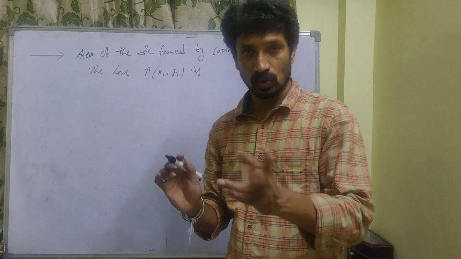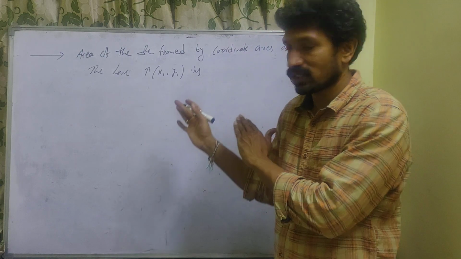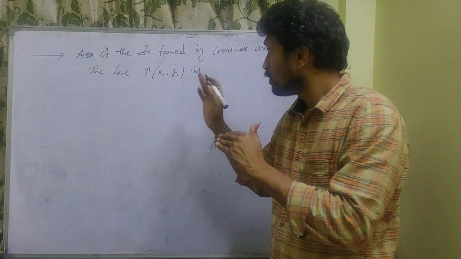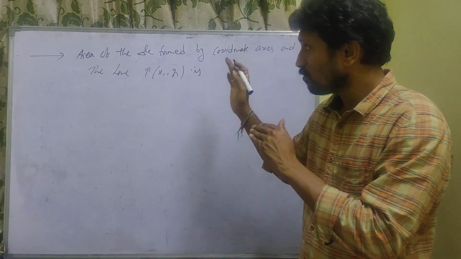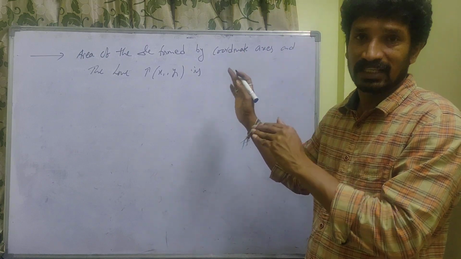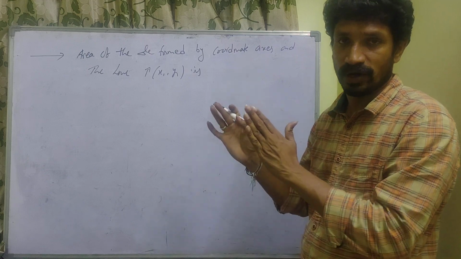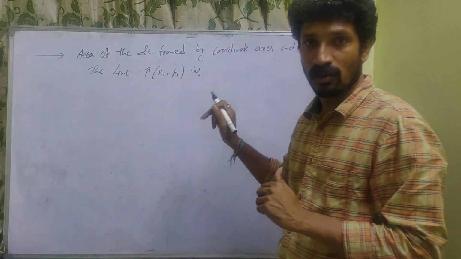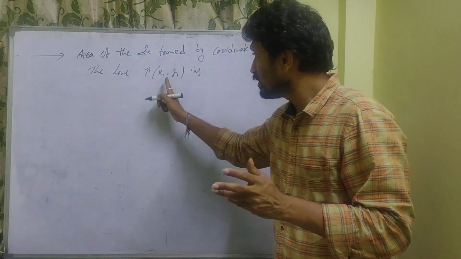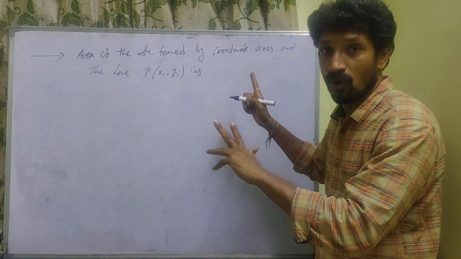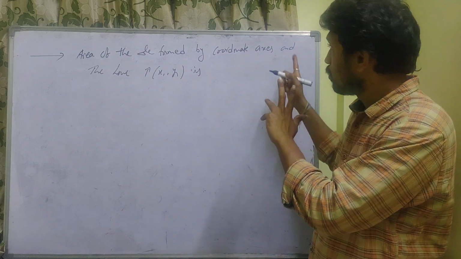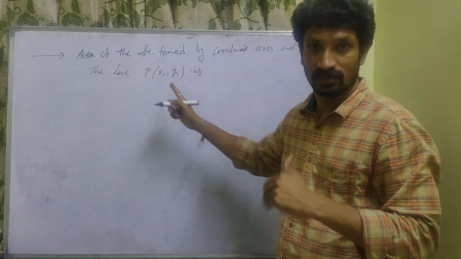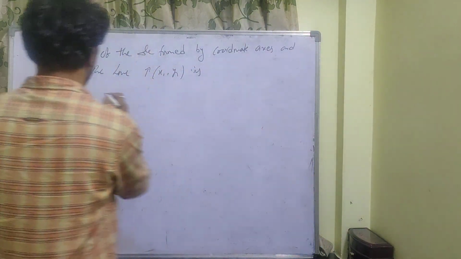Here they won't ask for the area of the triangle; they may ask for the minimum area and maximum area. So how can you find it? The area of the triangle formed by the coordinate axes and the line passing through x1 comma y1 is minimum when this x1 comma y1 is the midpoint of the two points where this line intersects the x-axis and y-axis. I will explain. Suppose first one, minimum.